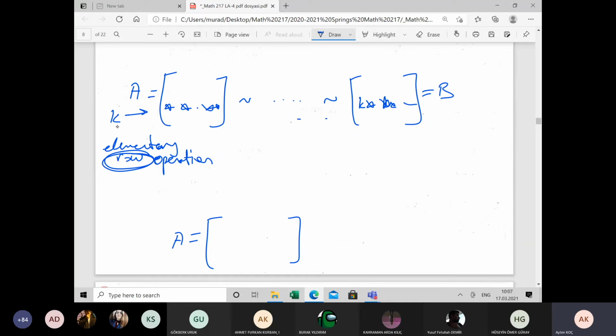So what's the relation between the determinant of A and the determinant of B? B can be obtained from A by multiplying a row by k, so the determinant of B is equal to k times the determinant of A.